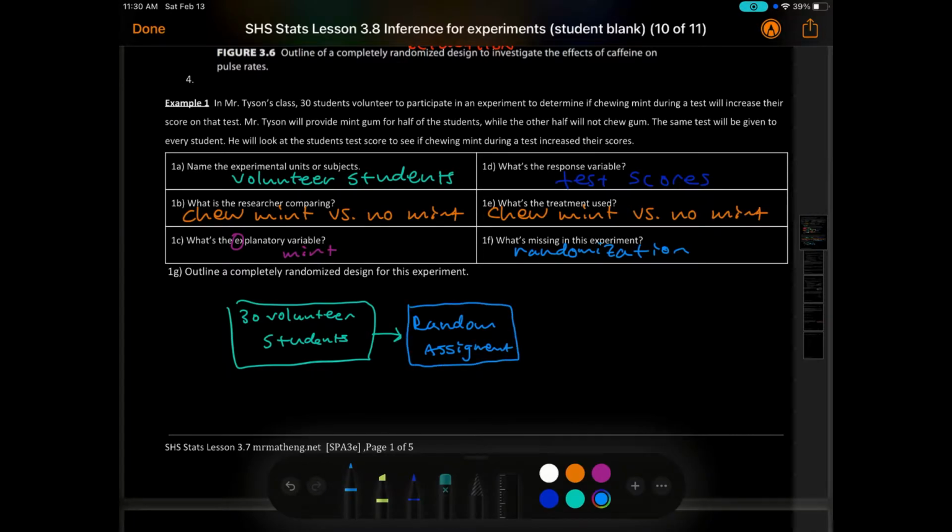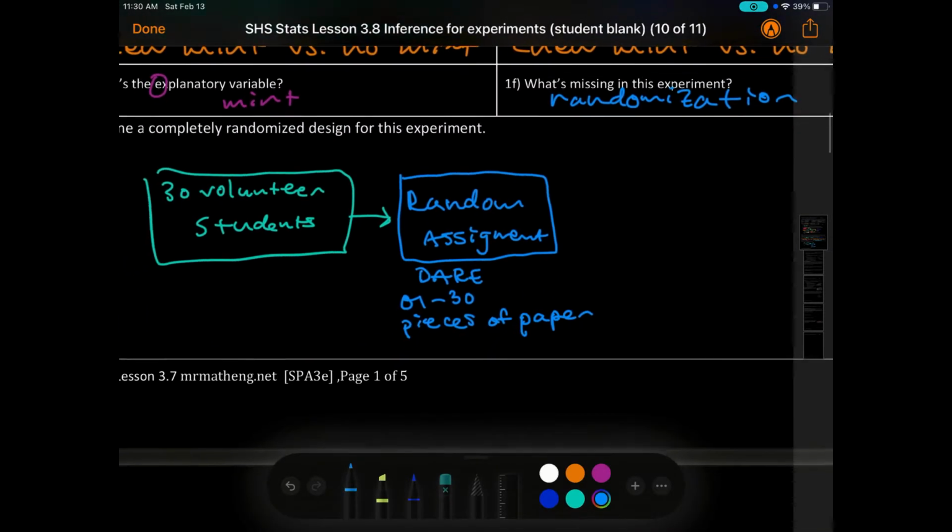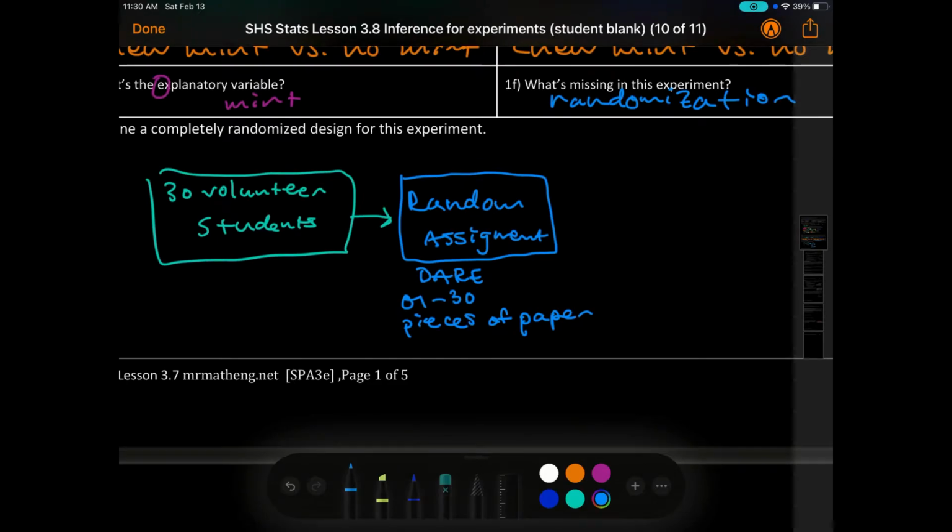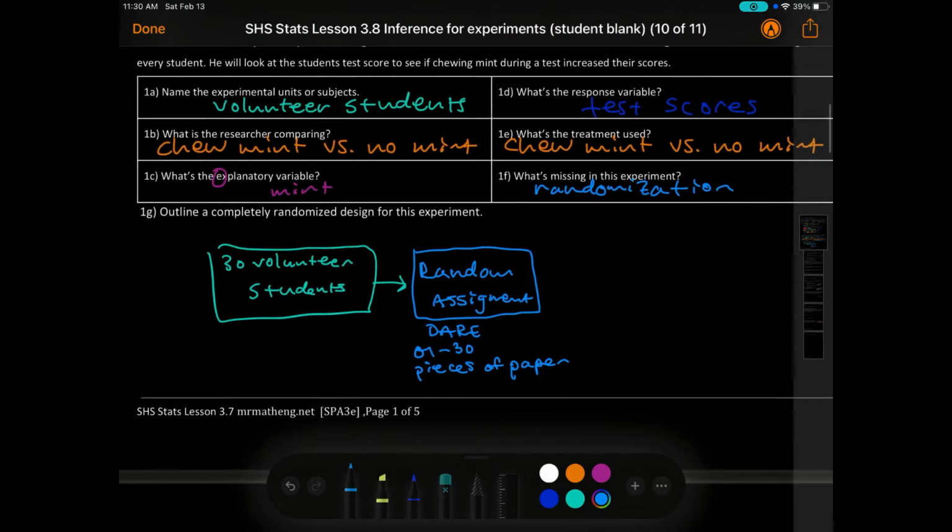To help you, that's just really our dare. I'm going to use the digits 1 to 30, and then I'll use pieces of paper. You don't have to write these details below. It's just kind of helping you understand those details you've done in the past. And then I put them in a hat, and basically the first 10 that I pick will go into one of our 2 groups.